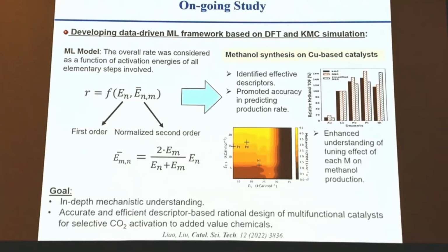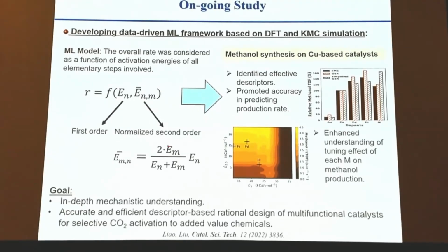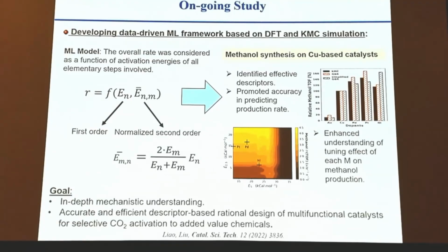What we find here is that for methanol synthesis on a copper-based catalyst, using these descriptors, we can estimate the importance score of the descriptors we generated, and we can quickly identify the key descriptors.